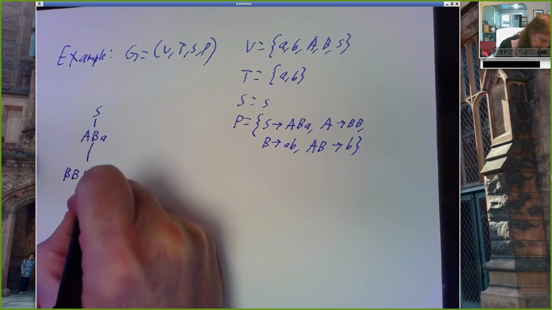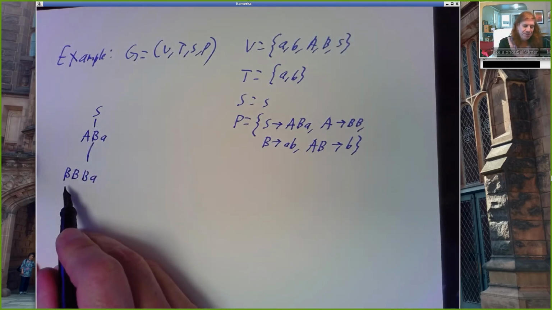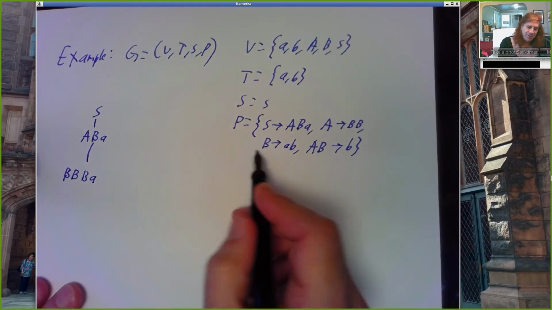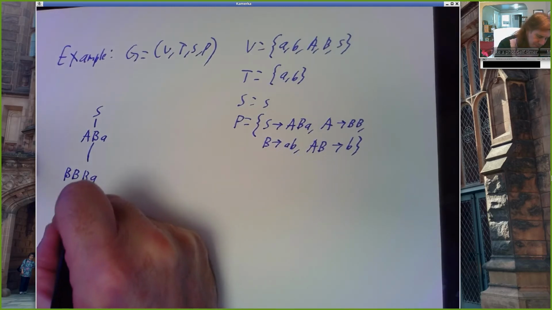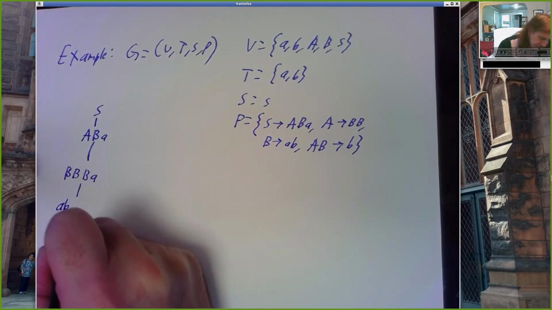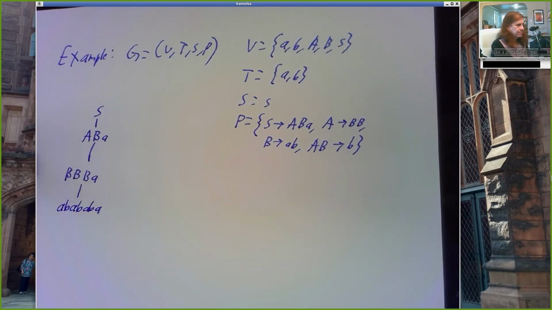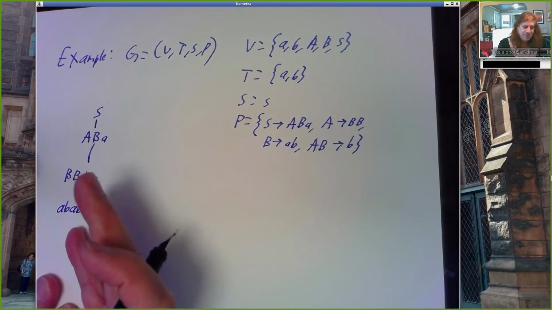We'll just leave the B and the little a over there. So from the start symbol, we can also produce big B, B, B, little a. And we can also replace each large B with a lowercase ab, which means this could be replaced with ab, ab, ab, a. That's a string comprised of terminal symbols, so that is part of our language.